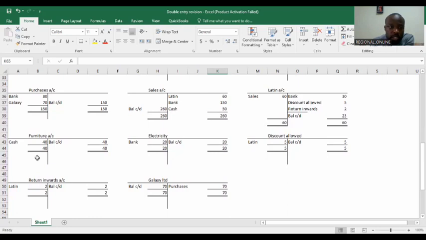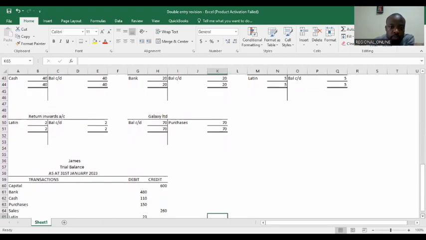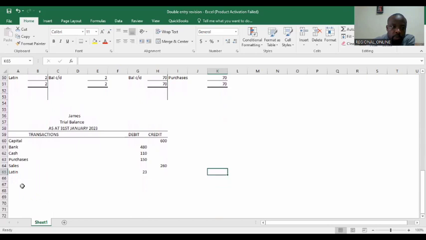So done with the Latin. The next one is furniture. Furniture is on the credit, so I go on the debit, 40. Electricity, the same, 20. So furniture, 40. Electricity, 20.